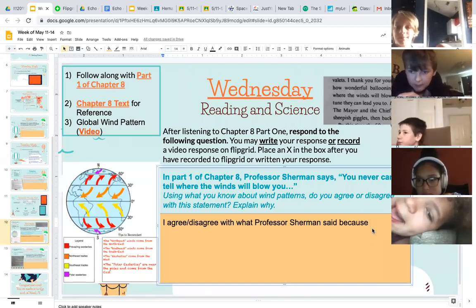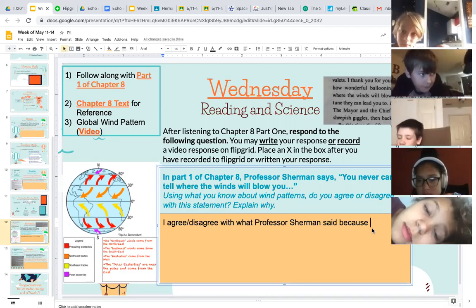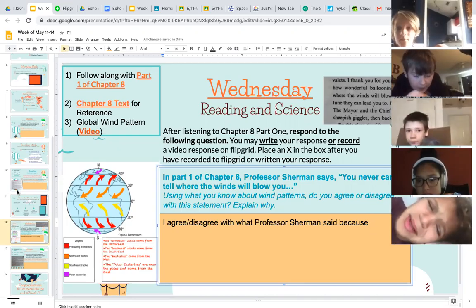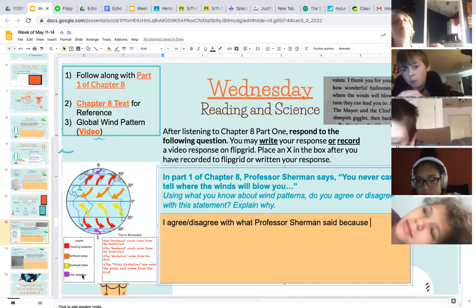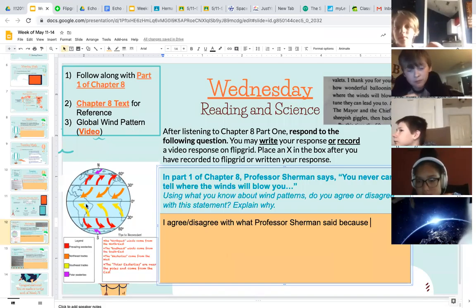Okay, so you say agree. Who else thinks that we should agree or disagree with what Professor Sherman says? You can never tell where the winds will blow you. Cadence, can you tell where the winds will blow you based on this global winds map right here? Maybe.